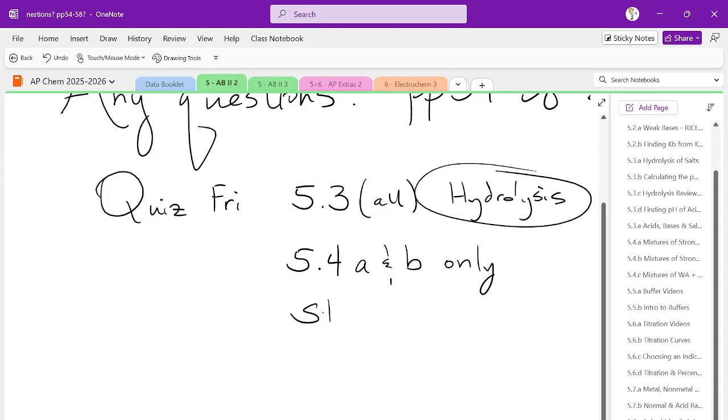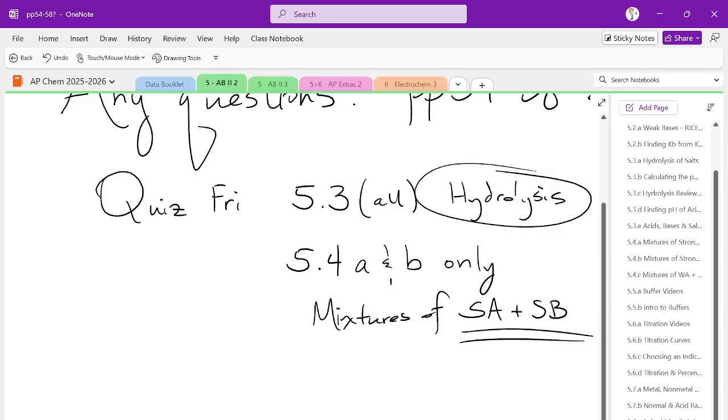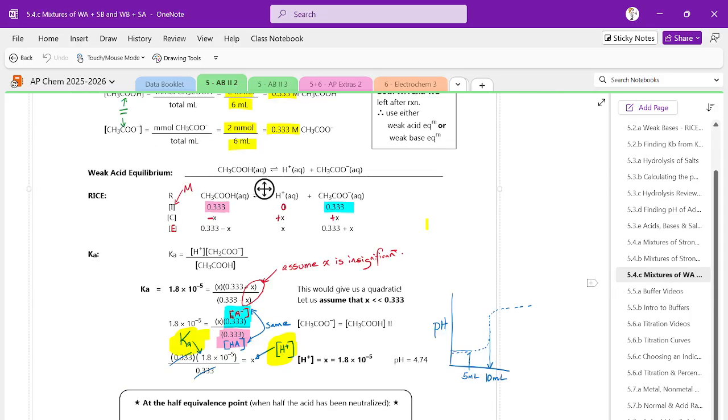So this is mixtures of strong acid and strong base. But in the meantime, we are going to continue looking at mixtures of weak acid and strong base.